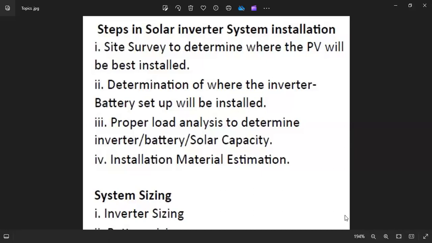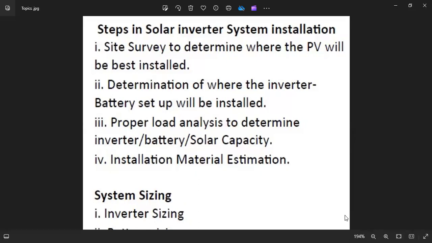Any question concerning where we are to install our solar panels? Any question or addition or suggestion? Because just like I always said, it's an interactive class. So please, is there any addition? Perfect. No question.